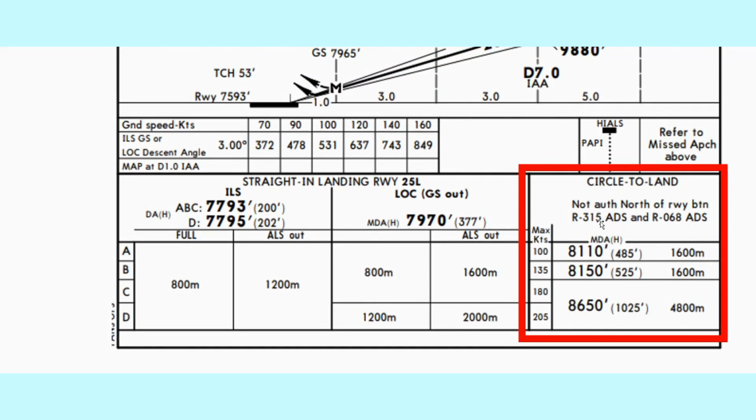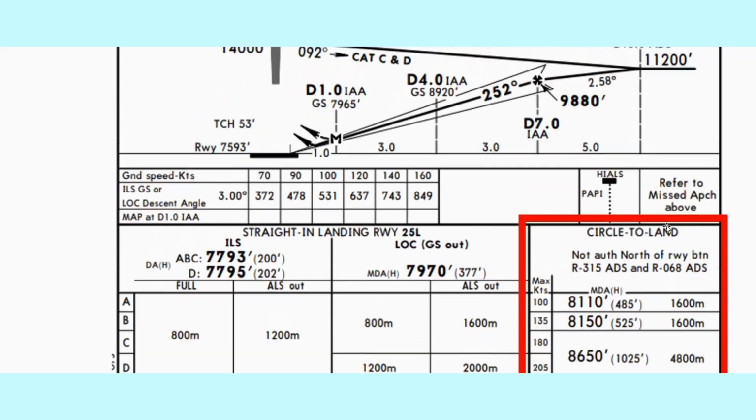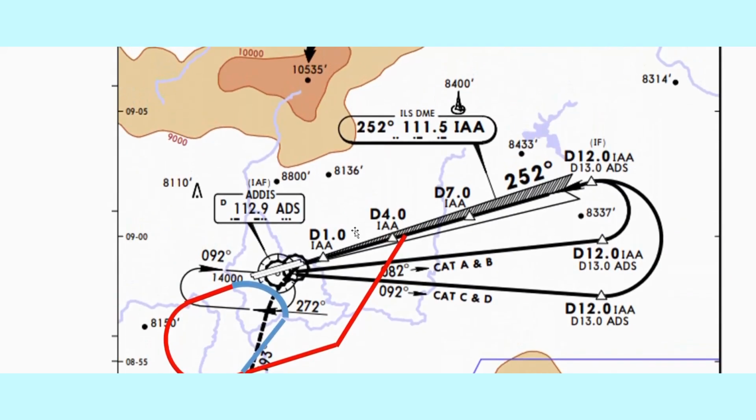Clearly it says here, on this airport, the circle to land is not authorized north of the runway between the radial 315 Alpha Delta Sierra and radial 068 Alpha Delta Sierra. So pretty much on these headings here, north is not allowed, and you can clearly see why.